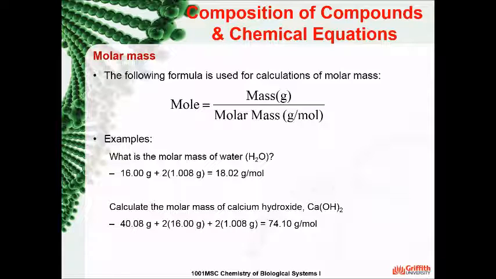We have 1 calcium, 2 oxygens, and 2 hydrogens in the compound. So the molar mass is equal to 40.08 grams plus 2 times 16 grams plus 2 times 1.008 grams, which totals 74.10 grams per mole.